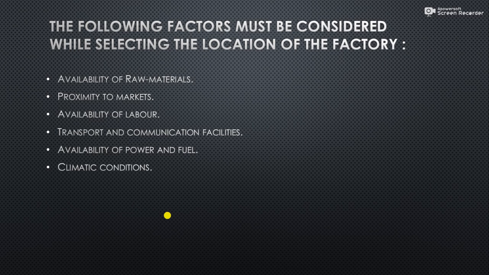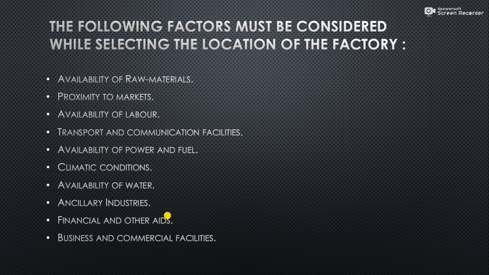It can be climate conditions, availability of water, industries, ancillary industries, and somewhat financial and other aids. It can be business and commercial facilities. So these are the factors on which the selection of locality depends.